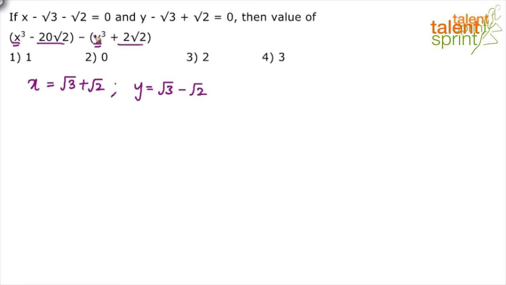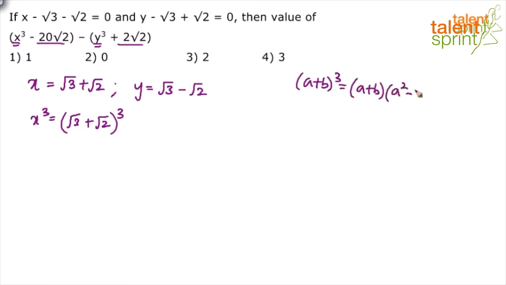So find that out. x cube will be equal to root 3 plus root 2 whole cube. Now you can use the expansion of a plus b whole cube. What is a plus b whole cube? a plus b whole cube can be taken as a plus b into a squared minus ab plus b squared.